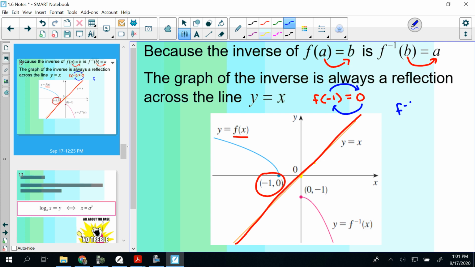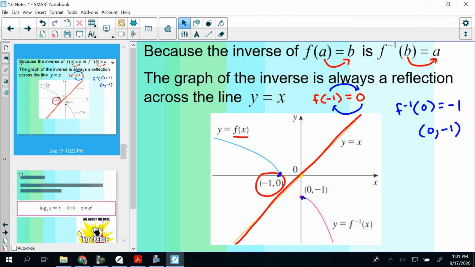That means the inverse at 0 will give us negative 1, so that's the point 0, negative 1. That's why that has to be part of the inverse. Those two points, and you could do it for anything, are always reflections of each other across the line y equals x. That's a unique property about inverses when you graph a function and its inverse.